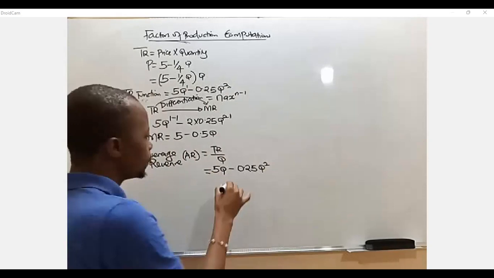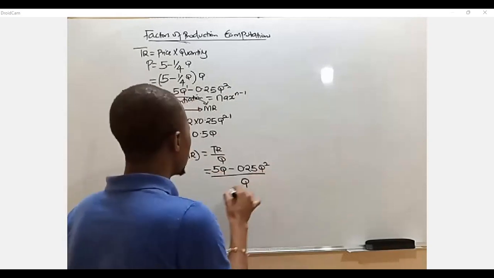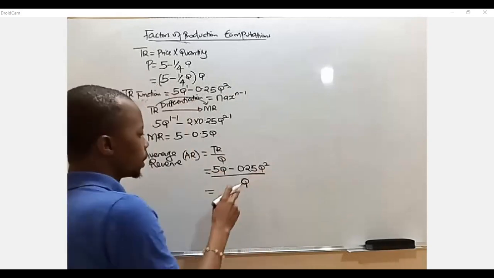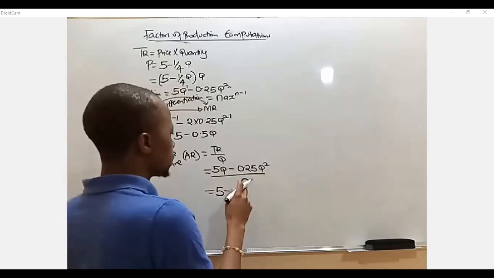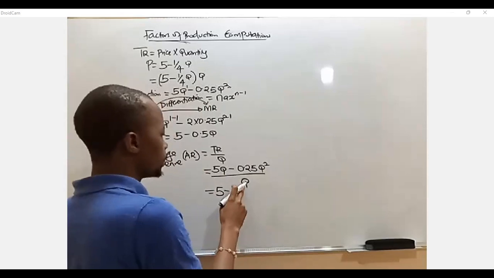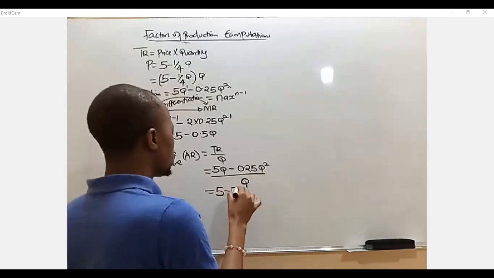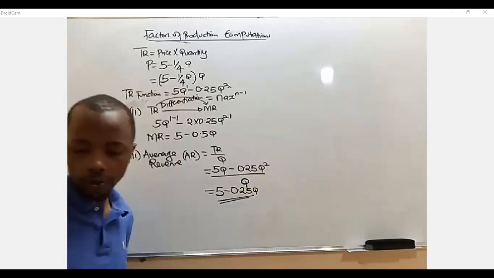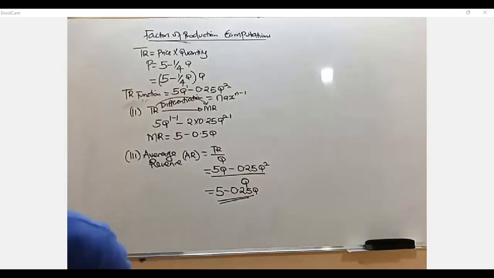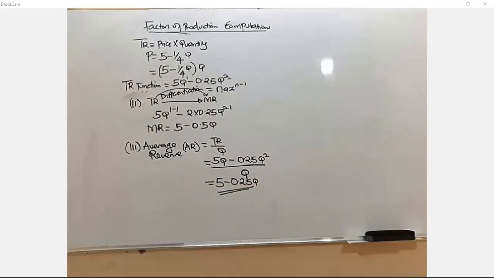Then you divide it by Q. So it will be 5Q divided by Q, which leaves 5, minus 0.25 Q squared divided by Q, getting 0.25 Q. That is how you normally get it.